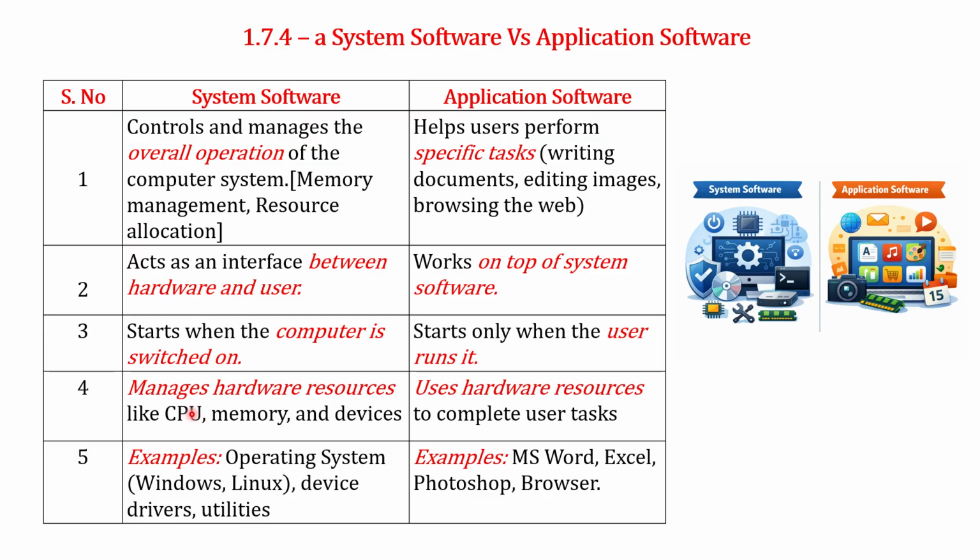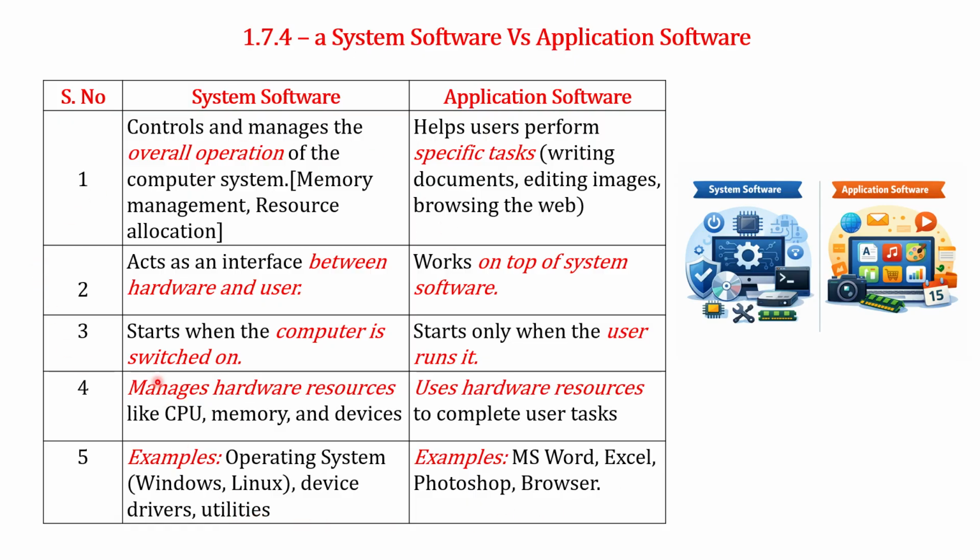Next, the system software manages the hardware resources like CPU, memory, and the I/O devices, whereas the application software uses the hardware resources to complete the specific task. Some examples of system software are operating systems like Windows and Linux, and device drivers and utilities, whereas examples of application software are MS Word, Excel, Photoshop, and browsers.